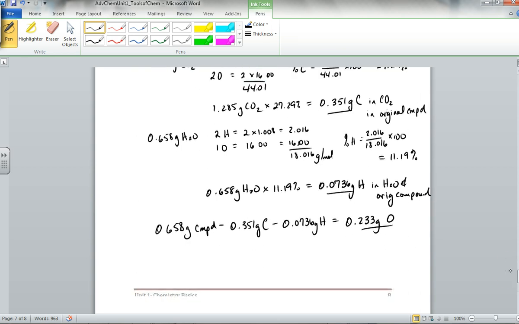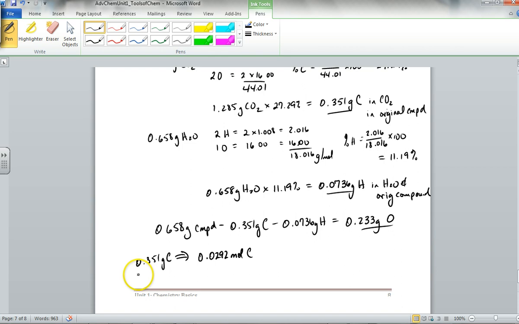And we are finally at the point now where we are back to the original problem that we had on the previous page of finding the empirical formula. So what we do is we take each of these masses, the 0.351 grams of carbon, we convert it into moles, which was shown on the previous page, dividing by the molar mass, and we end up with 0.0292 moles of carbon.